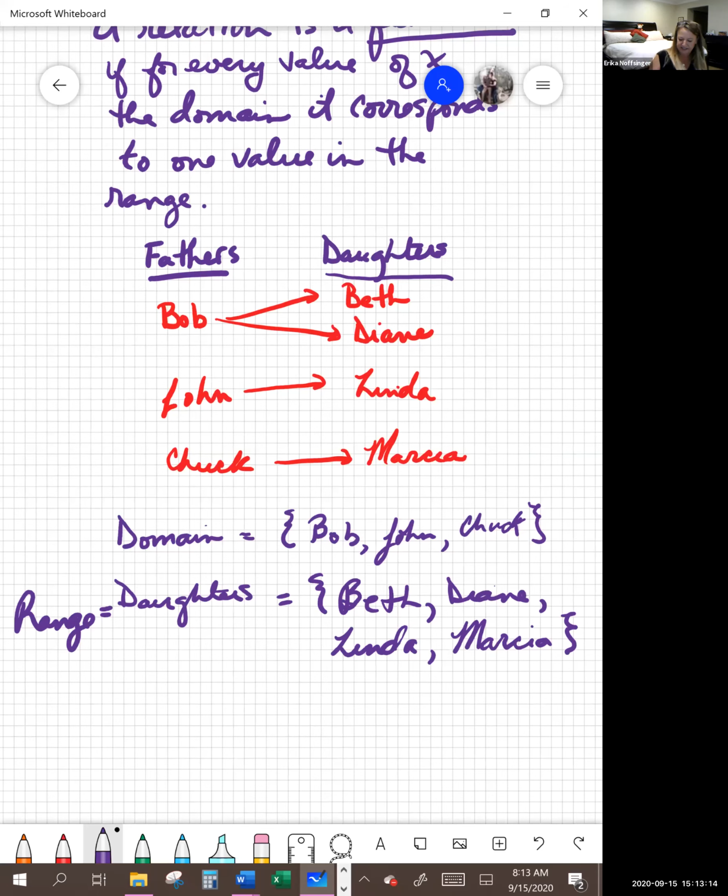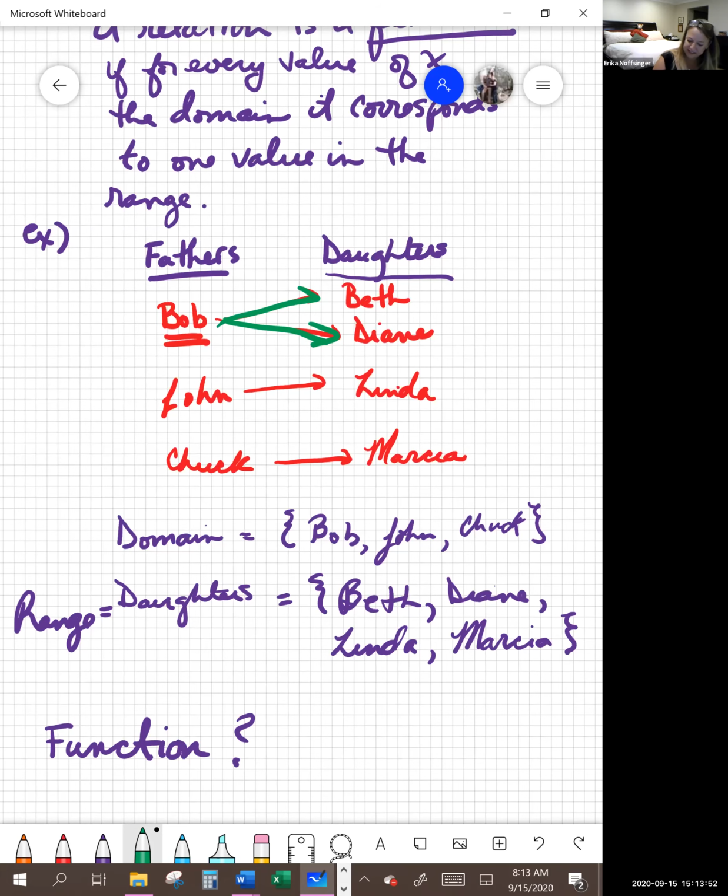So the question is, is this a function? Why or why not? Anyone want to chime in? It's not because Bob had 2 kids. Right. So because of one input, one person in the domain, there are 2 separate outputs.